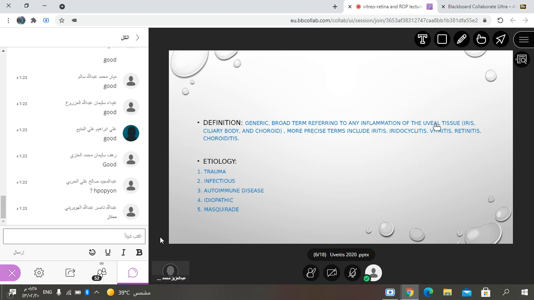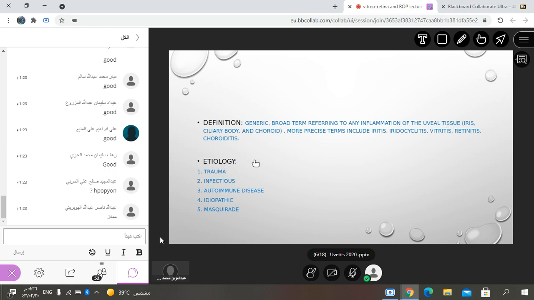So it is not only inflammation of the uveal tissue, it is inflammation inside the eye, except keratitis and scleritis. So an inflammation inside the eye is given the name of uveitis. Okay, either iritis, iridocyclitis, retinitis, vasculitis, choroiditis, all of these.